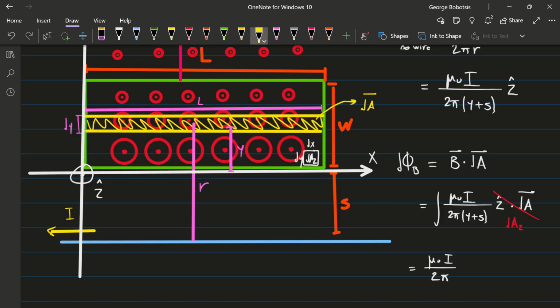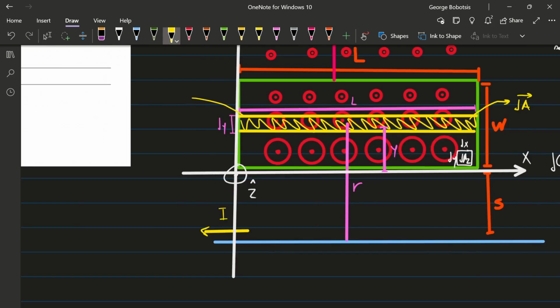How do I know that? Every area has a normal vector to it. Same with this little band over here that we've created, the yellow band. It has a little bit of a normal to it. This one can be thought of as being out of the page or into the page. I will choose this option because that will make the dA completely aligned with B. I won't have to carry on a negative sign for no reason for the dot product.